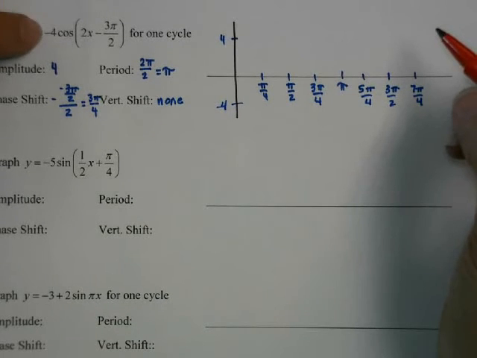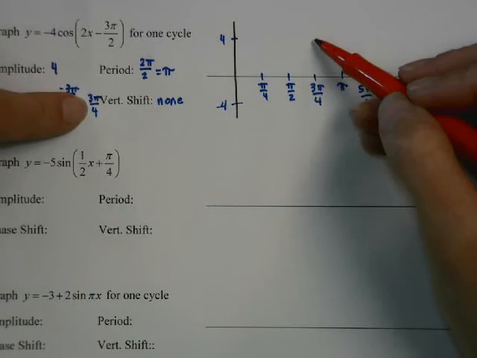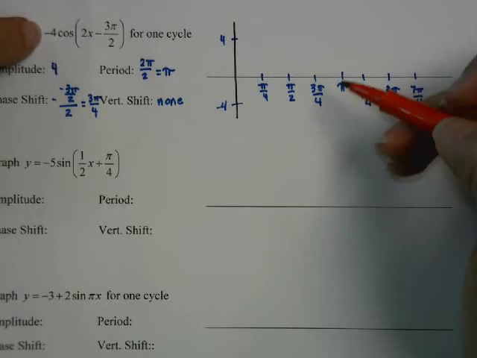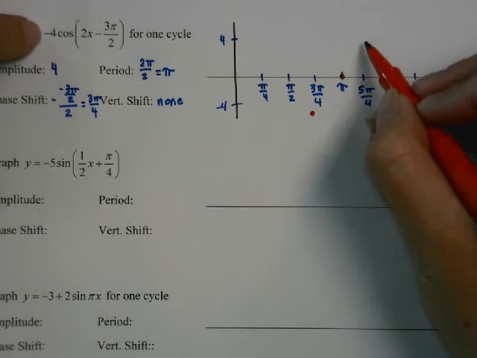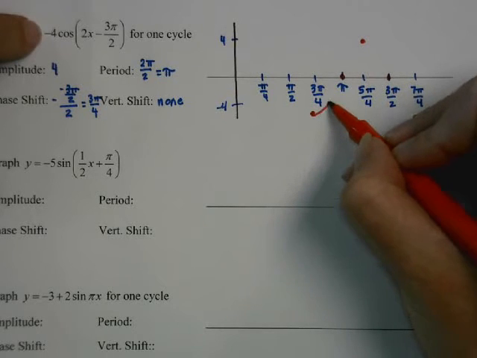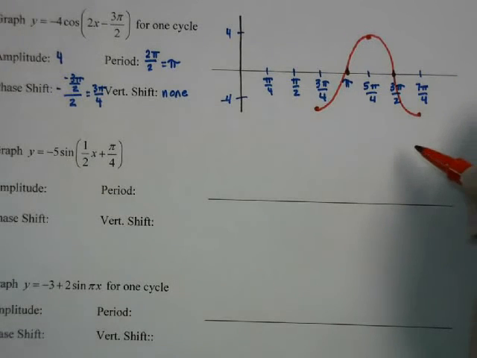Okay, so we have a phase shift of 3 pi over 4, so we're going to start here. We're graphing a negative cosine. So at 3 pi over 4, it's going to be at the minimum. So there's our graph.